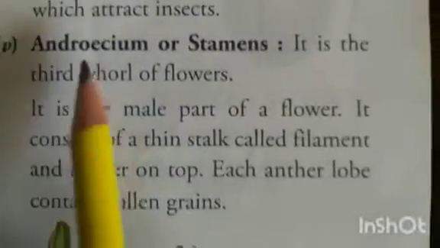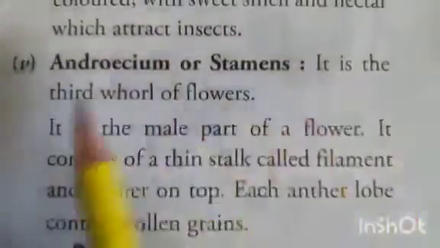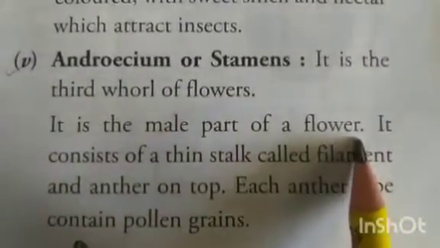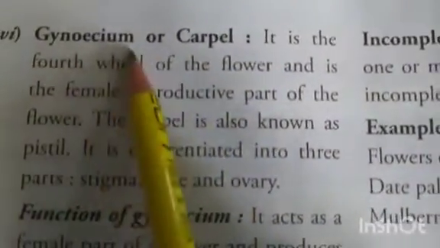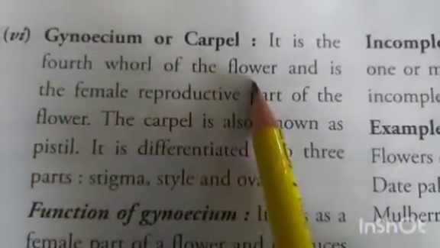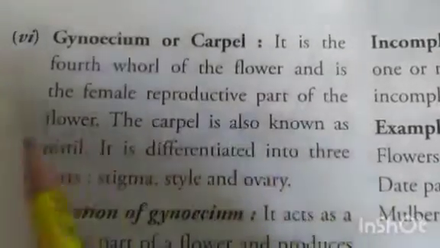Now next one is androecium or stamen. It is the third wall of flower. It is the male part of a flower. Now next one is gynoecium. On the next page, number 46, here it is gynoecium or carpel. It is the fourth wall of the flower and is the female reproductive part of the flower.